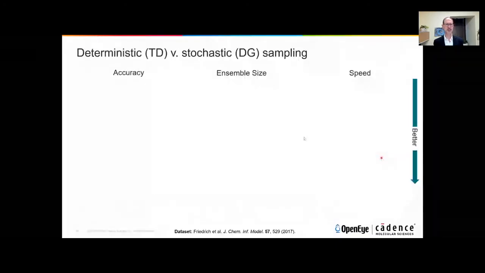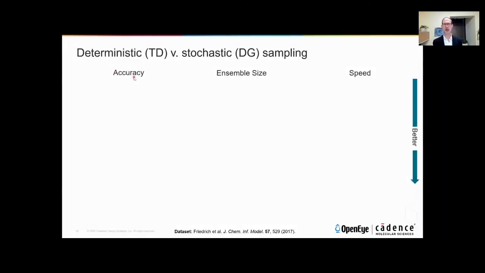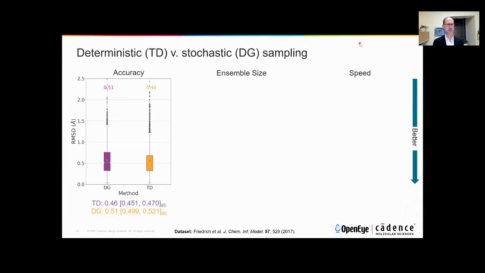And I'm going to look at three different properties: accuracy of reproduction of structures from the solid state, the number of conformations in the ensemble with certain properties, and the speed with which that ensemble is generated. And what we'd like is to have low deviation from the experimental answer, a small ensemble, and a high speed.